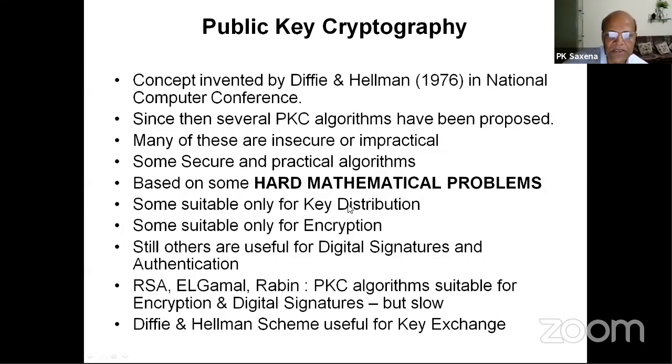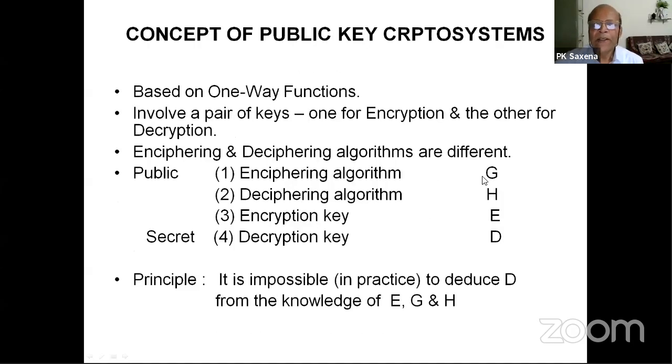This is the concept where systems like RSA, ElGamal, and Rabin were proposed, based on different kinds of hardness of mathematics. Here there will be a pair of keys. It will not be a single key like in symmetric key or private key encryption.